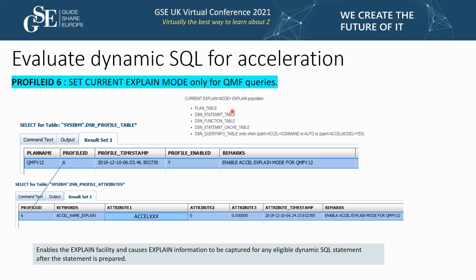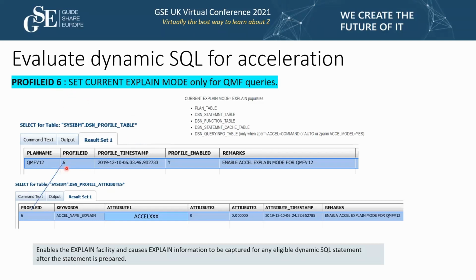So with this Db2 profile, for example, we want to activate the CURRENT EXPLAIN MODE feature only for dynamic SQL statements coming from, in this exercise, QMF. So I can select a specific dynamic workload, and this feature will be applied only on the workload I specified with this profile ID number 6.